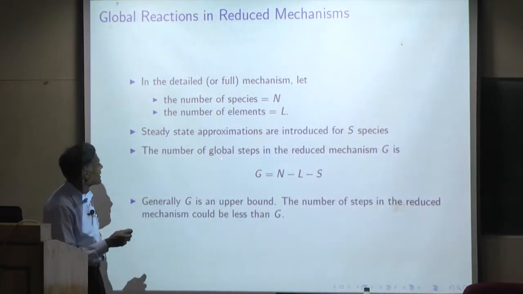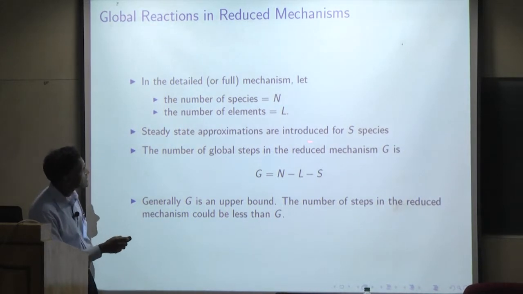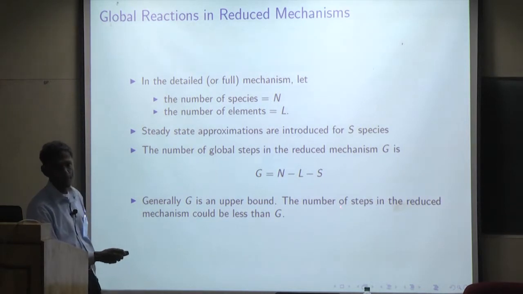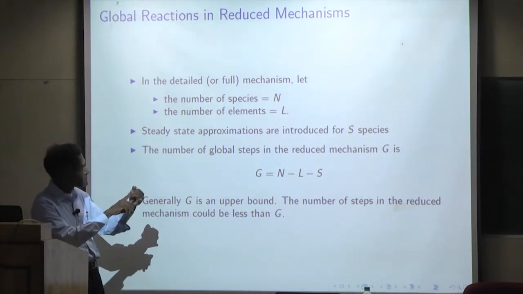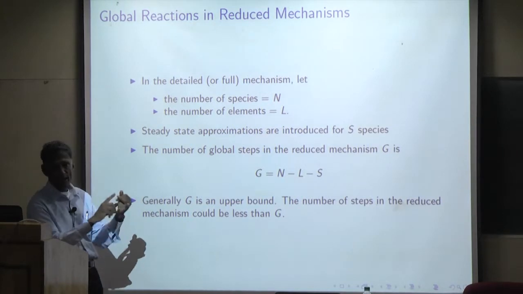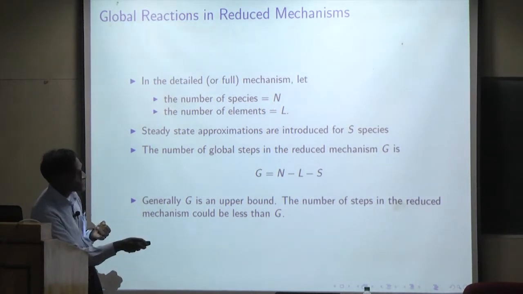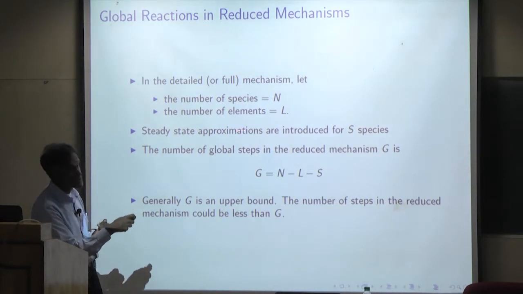And now suppose I introduce steady state approximation for S species, then the number of global reactions of a reduced mechanism is n minus L minus S. So this is the bottom line. In other words, if you have n species, you solve n differential equations, actually n minus L differential equations because the elements are conserved.